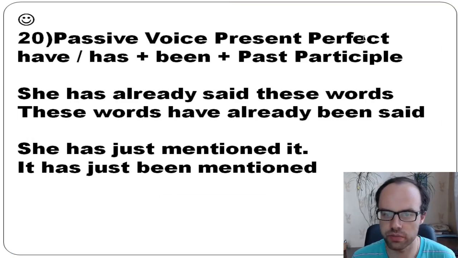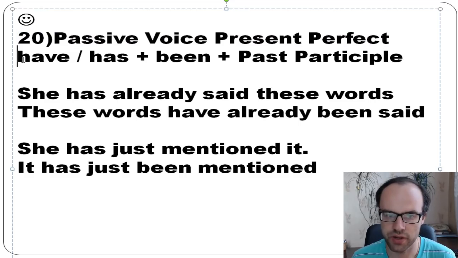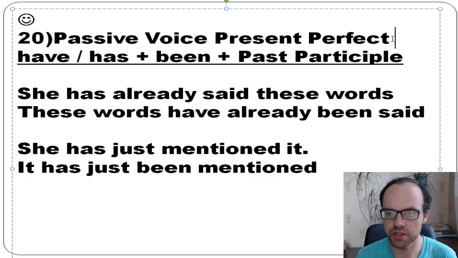Well, what about passive voice with present perfect? So it's have, has plus been plus past participle, okay? So when do we use present perfect?